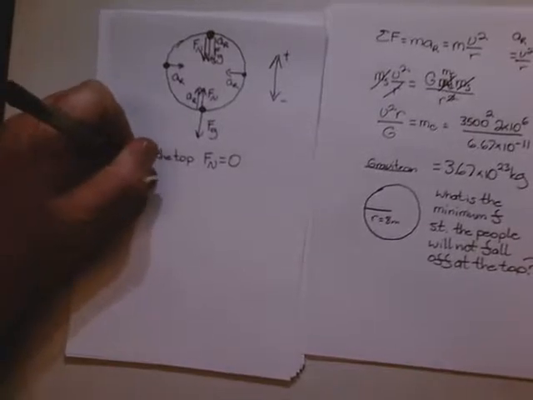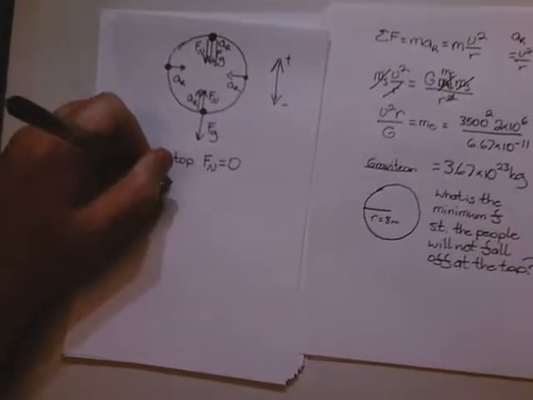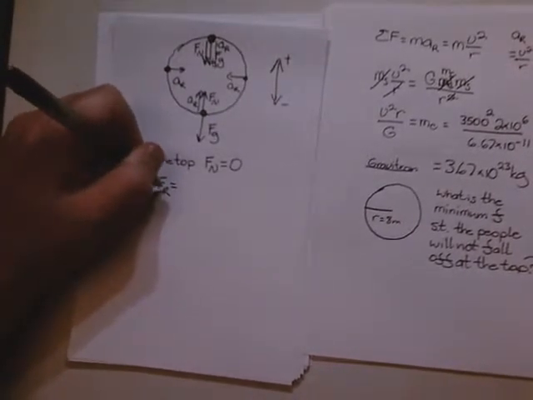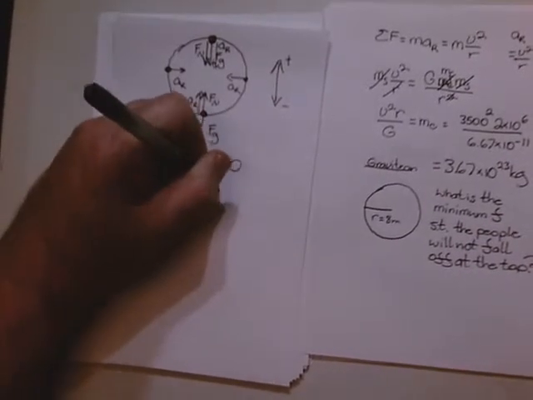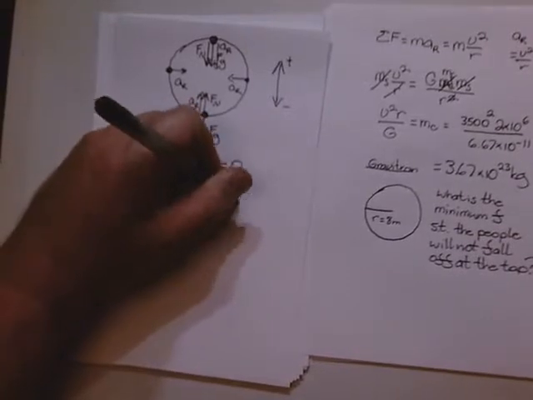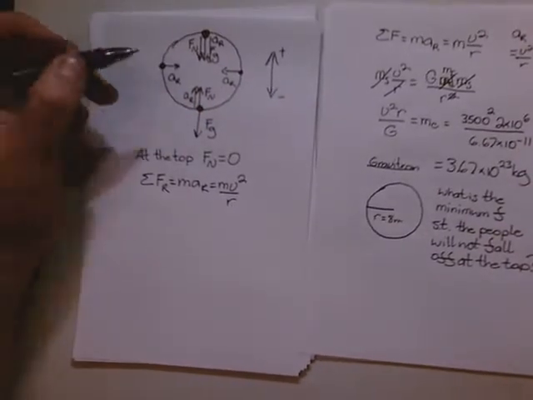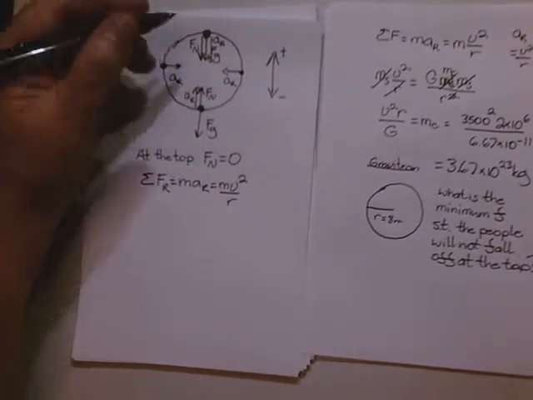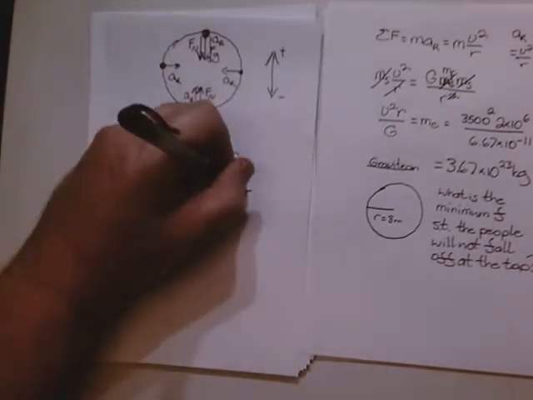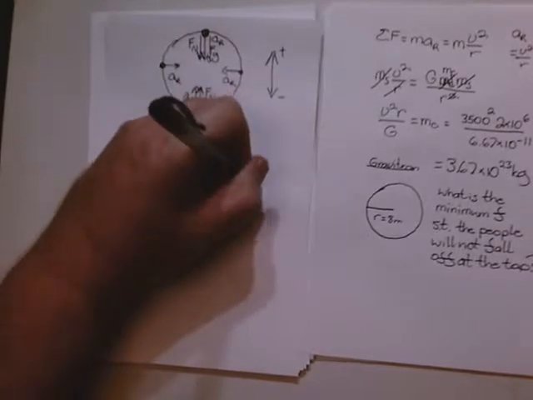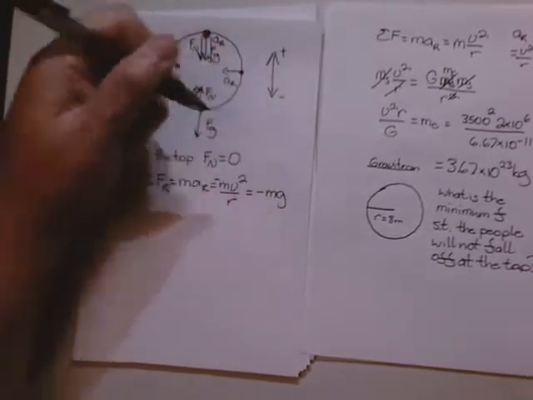So it's circular motion, so the sum of the forces radially is equal to ma_r, which is equal to mv squared over r. a_r is down, so it's negative. And that is equal to the force of gravity, which is minus mg.